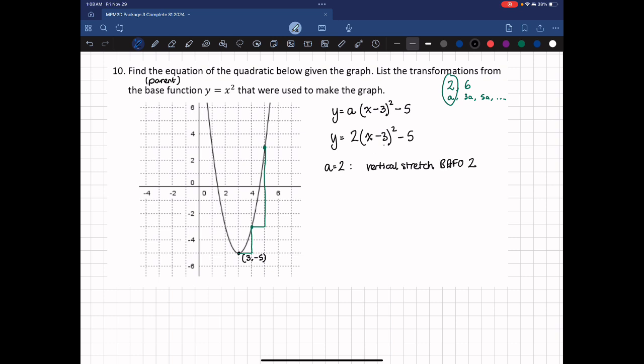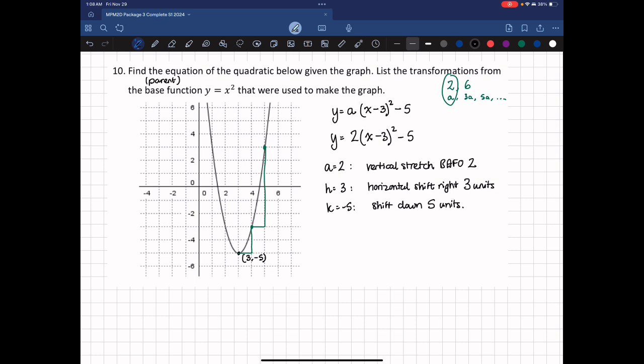And then we have our h value of positive 3. So the h value is 3, and that means we have a horizontal shift, or you could just say shift right 3 units. And the k value is -5. That means a vertical shift down 5 units.